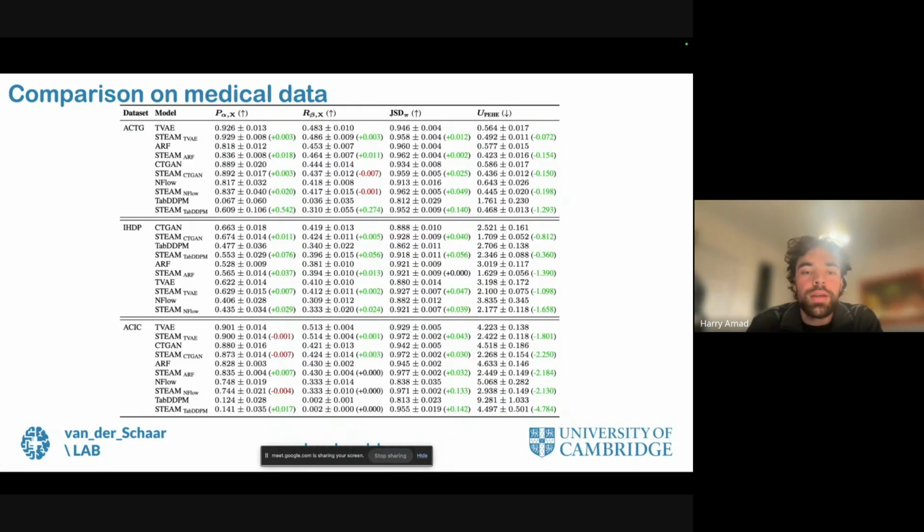So we can see that giving it this framework for how to generate closer to the true data generating process does improve on each of our metrics. Specifically, it improves most on the treatment assignment and outcome generation metrics, so JSD pi and UPHA. We see the biggest differences there, whereas the covariate metrics are only marginally better.